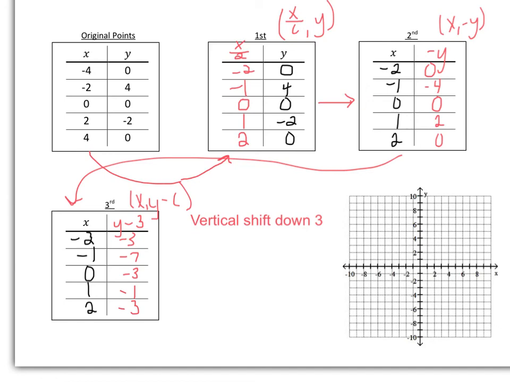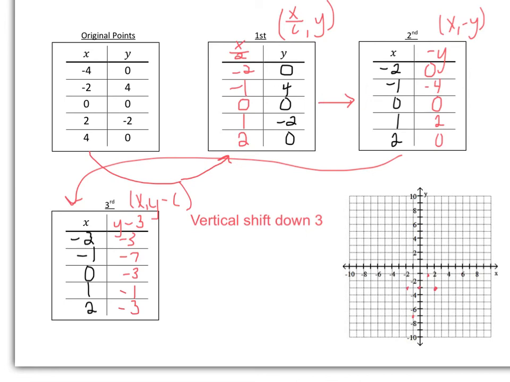So we're going to plot each of those points. So I'm going to have -2, -3. I'm going to have -1, -7. I'm going to have 0, -3. Then I'm going to have 1, -1, and 2, -3.